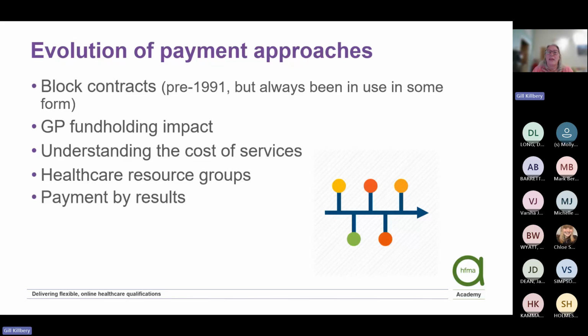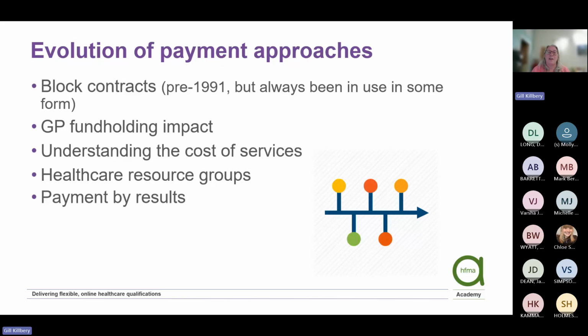Okay. The development of health resource groups was introduced as a means of simplifying activity costs. So rather than having a price for every single different sort of activity, a health resource group bundles them together. And payment by results was the way that nationally we moved towards those national prices.